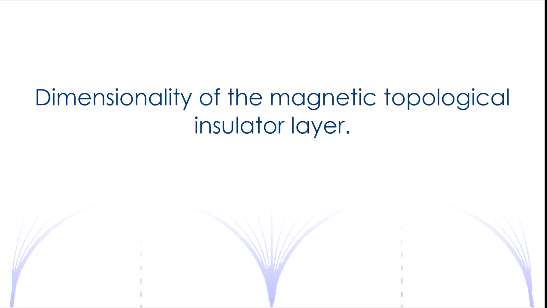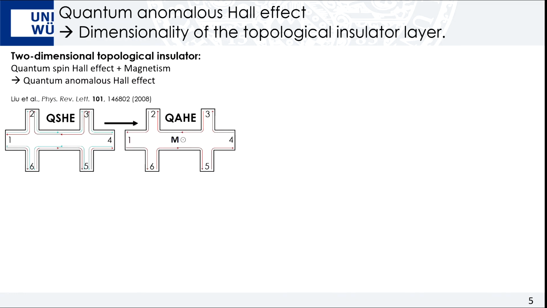Okay, so before we get to more stuff about metrology, let's talk some physics. And let's talk about dimensionality of the magnetic TI layer, because there are some interesting things there to discuss. So initially, the first idea to realize the quantum anomalous Hall effect in a topological system started from a quantum spin Hall insulator, so a 2-dimensional topological insulator, with 2 counter-propagating helical edge modes.